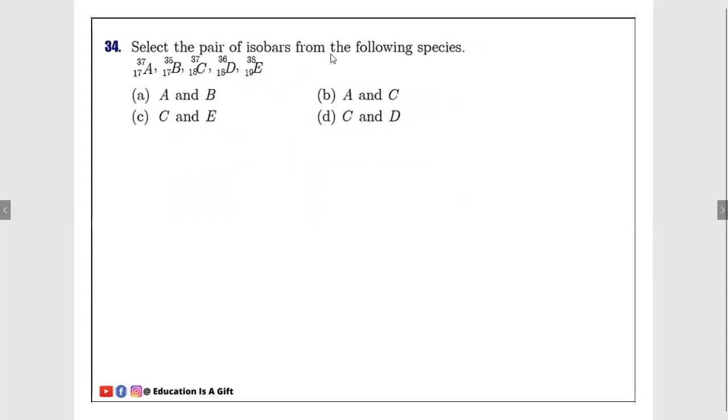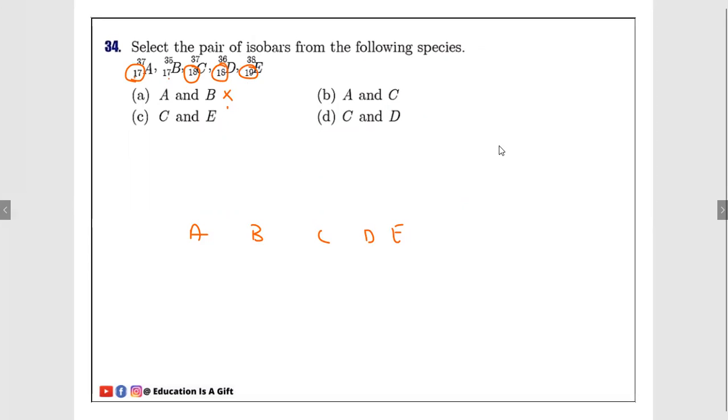Select the pair of isobars from the species. Isobar. What is isobar? There should be different elements. If you observe A, B, C, D, E, all are different elements. And atomic numbers should be the same or different, you have to understand. Isobars, it will be different. So if you observe A and B, 17, 17. So A and B pair, you should not get. A and B, no. And if you observe, atomic number should be different. Here you can find 17, 18, okay, 18, 19.